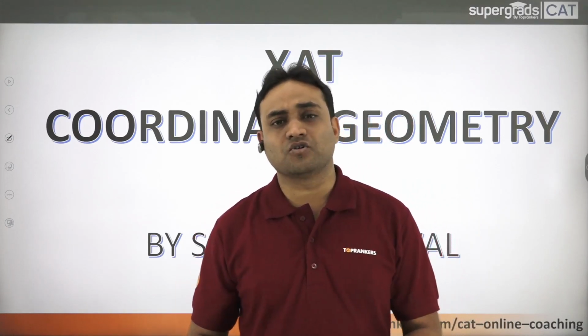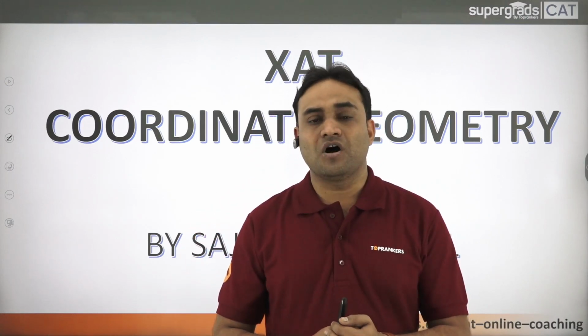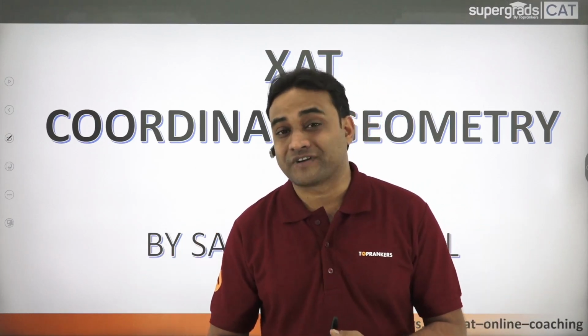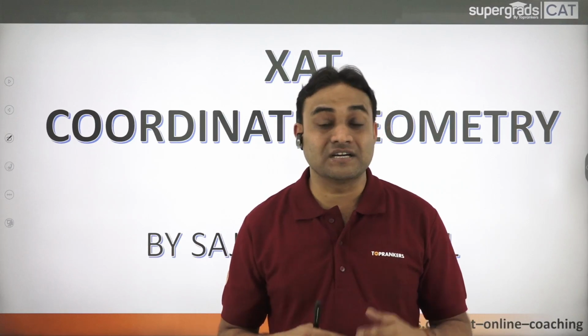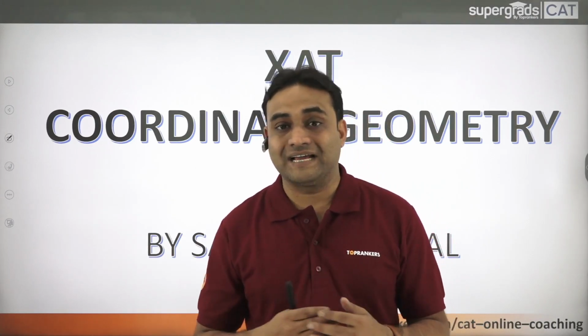So if we talk about coordinate geometry, what do we need? We need the basic concepts of geometry, like properties of triangles, circles, and quadrilaterals, parallelogram, square, rectangles, all those.